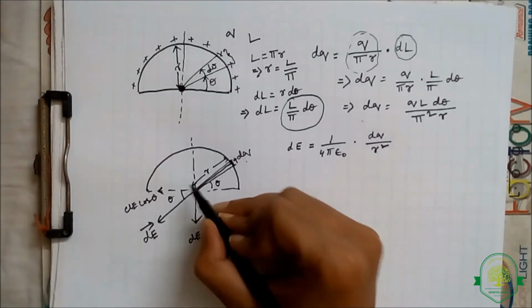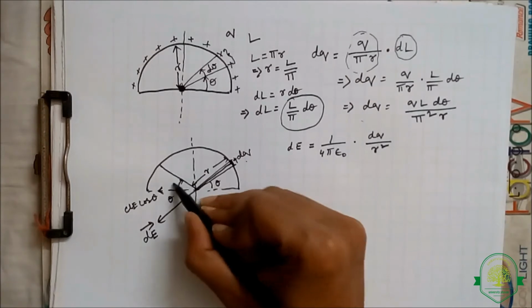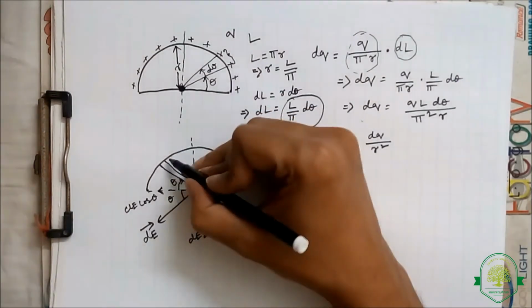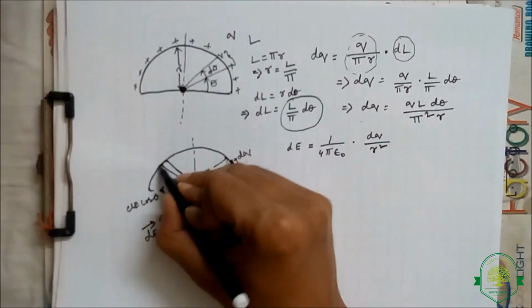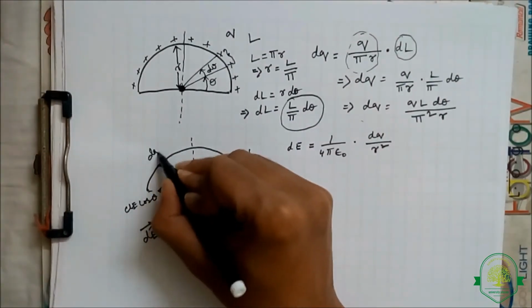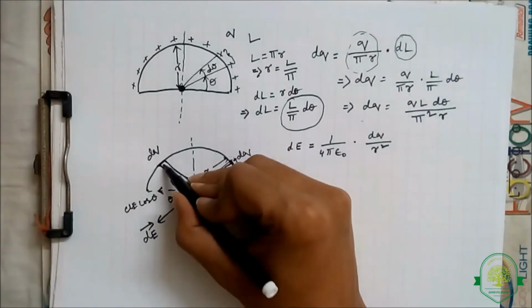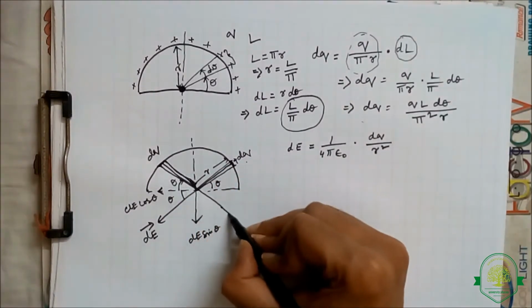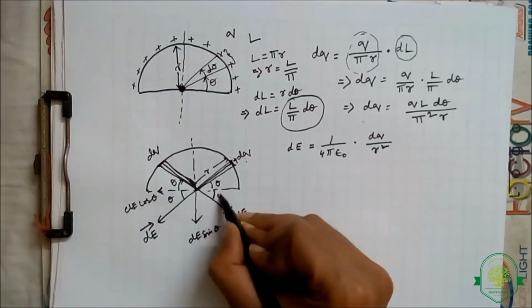Had we taken our element at an angle theta measured from the negative x-axis, this would have been our element containing the same quantity of charge dq, and it would have created a small electric field in this direction dE, and this angle would have been theta.